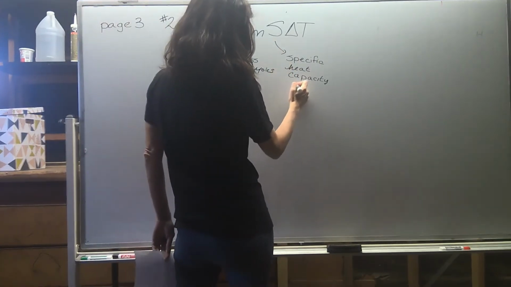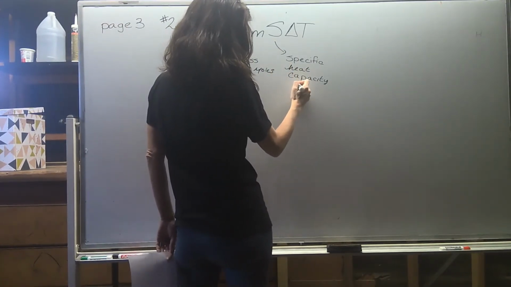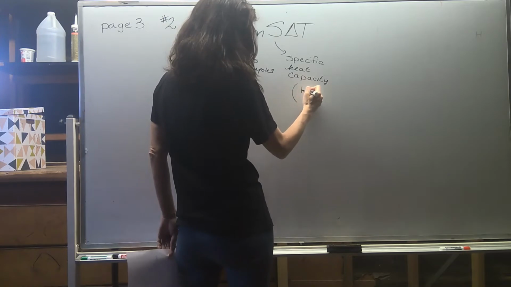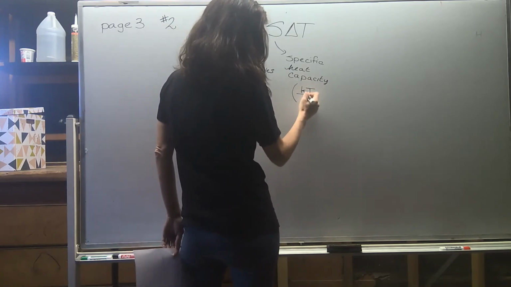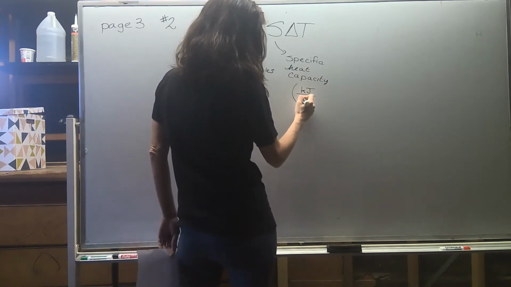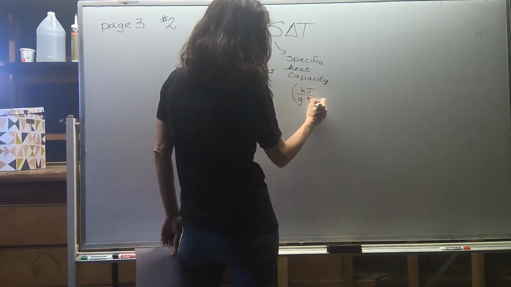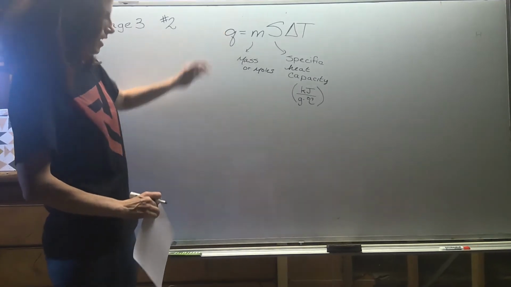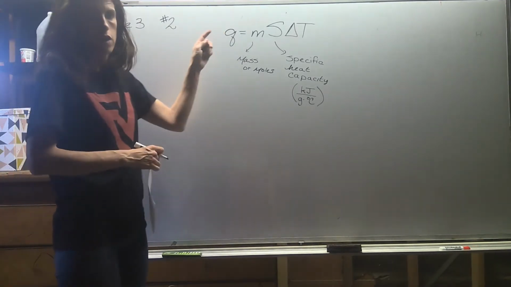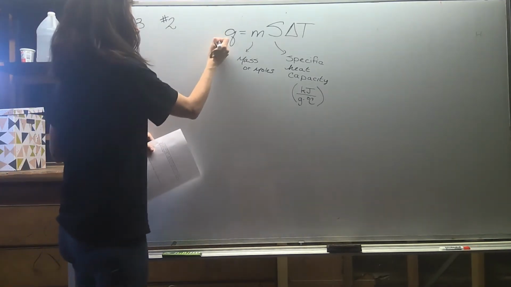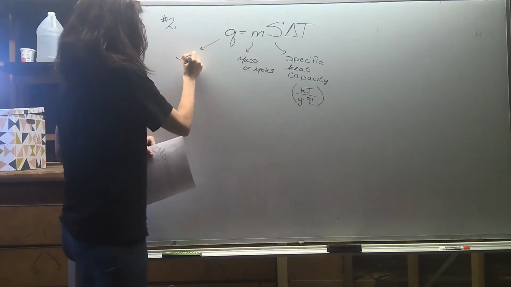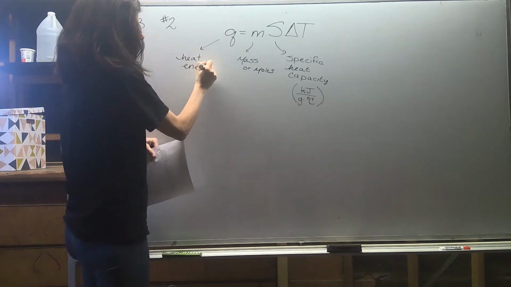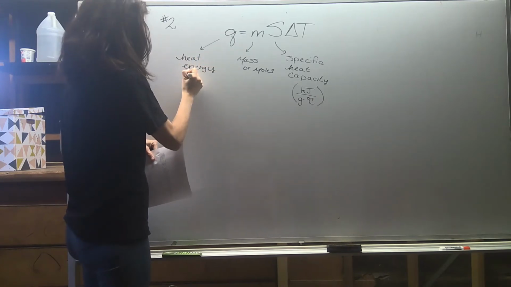So for a specific heat capacity, you might have units of kilojoules divided by grams times degrees Celsius or something like that. And at the end of the day, we're solving for our heat energy, our Q value. Remember, that has units of joules or kilojoules.